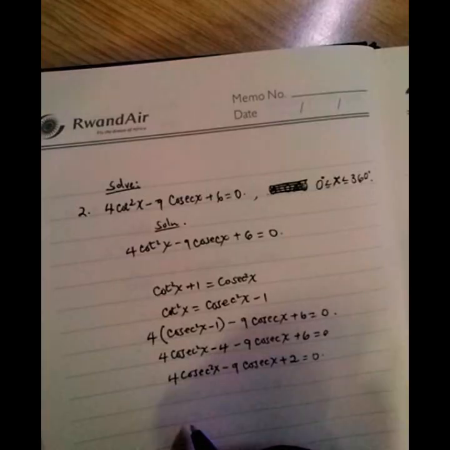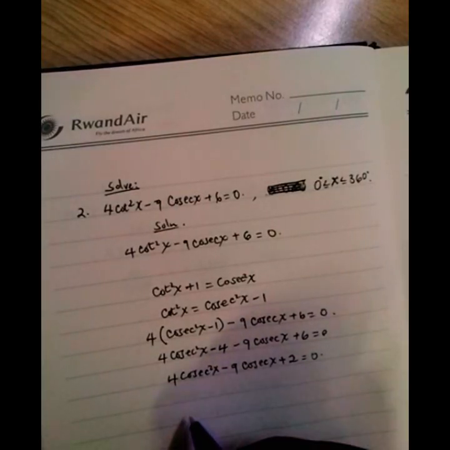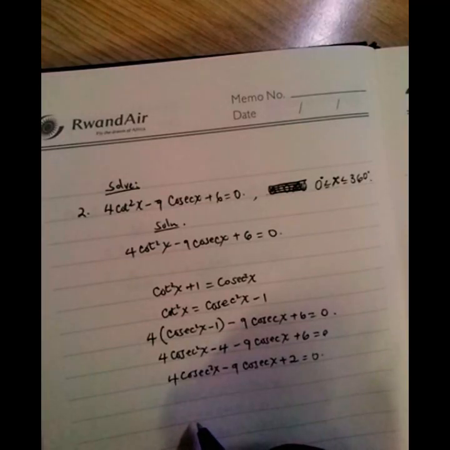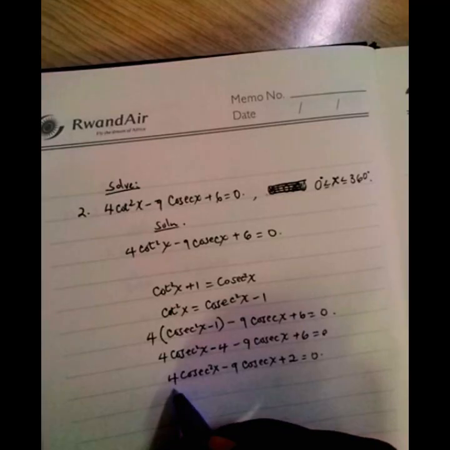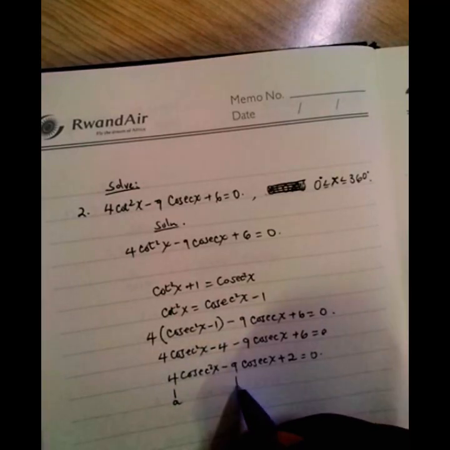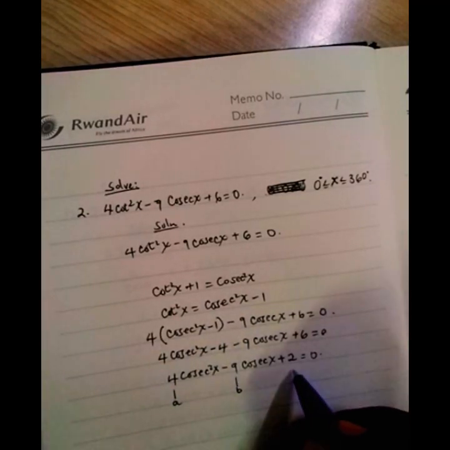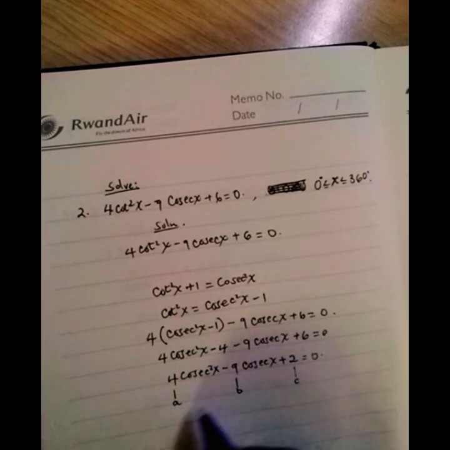So me, I prefer using the quadratic formula method to solve the equation which is in this form. So here we have our a as 4, our b as 9, and c as 2.